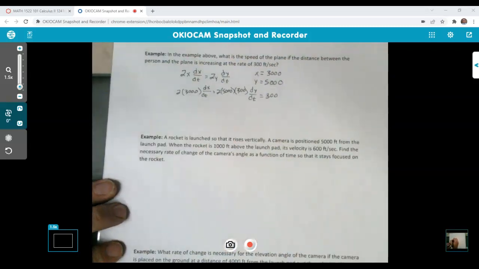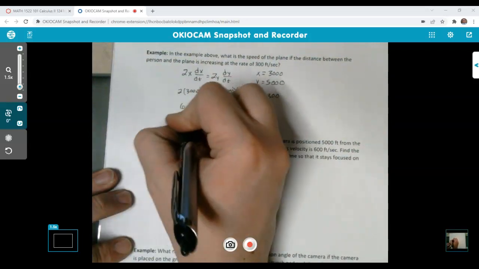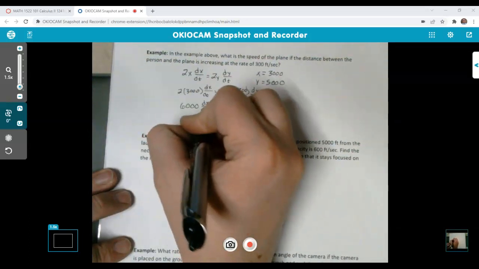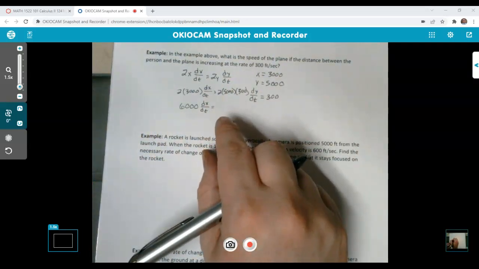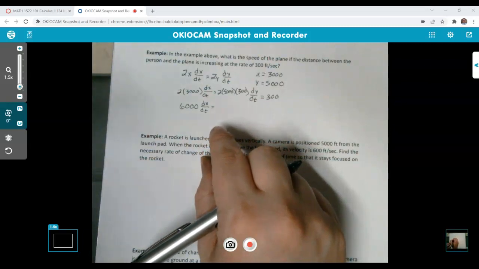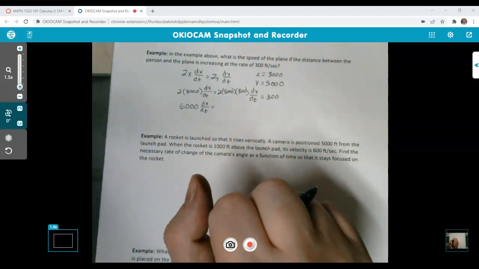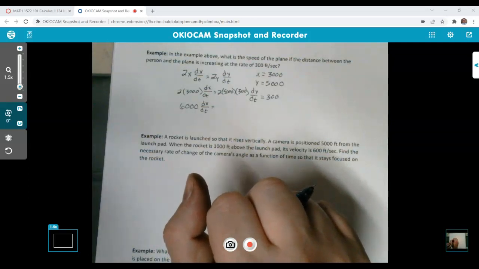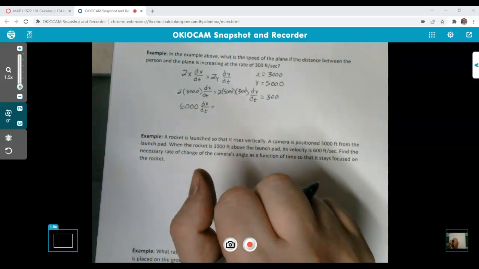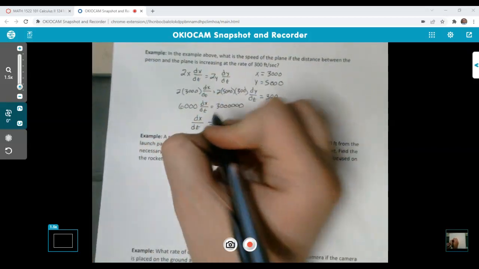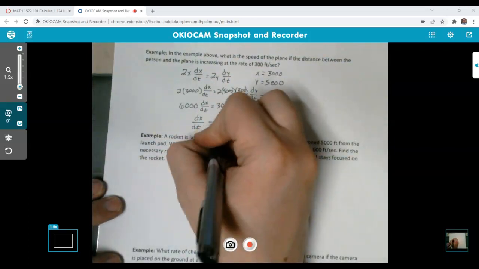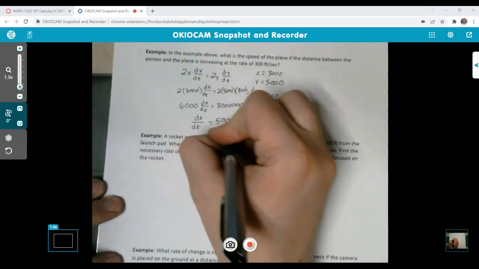Cutting that a little close, so sorry about that. 2 times 3,000 is 6,000. 2 times 5,000 is 10,000. 10,000 times 300 is, I know it's going to have a 3 at the front, but like I said, I always mess up the names of the numbers. 3 million. Divide by 6,000, and you get 500. And again, this is in feet per second.